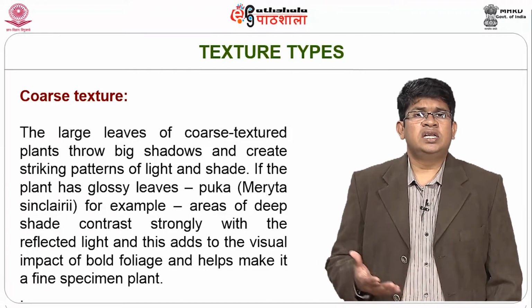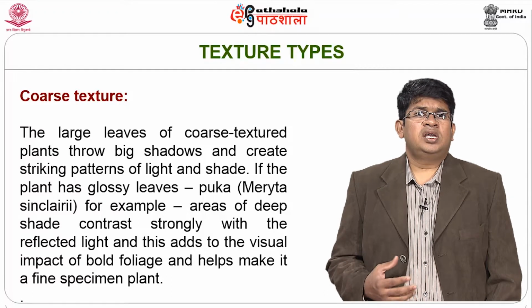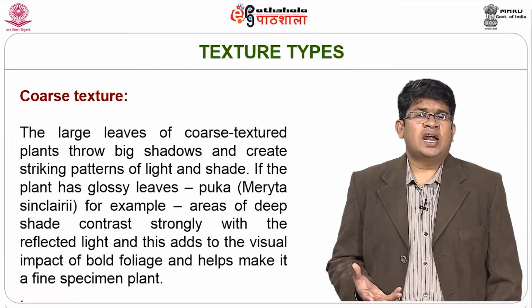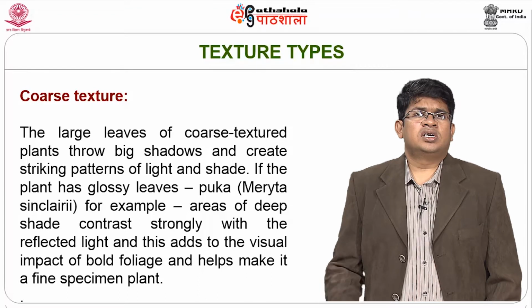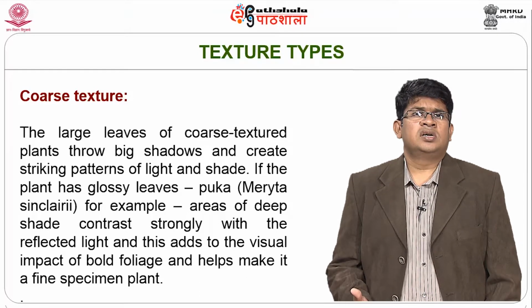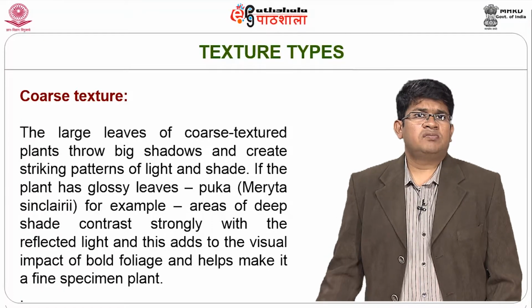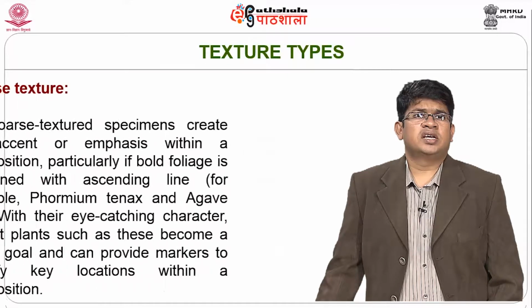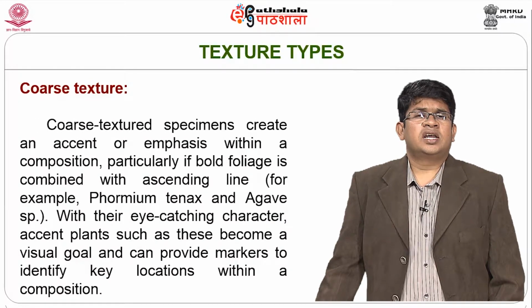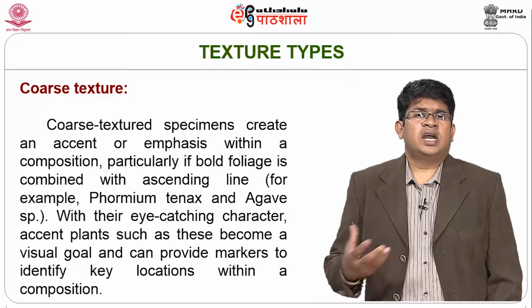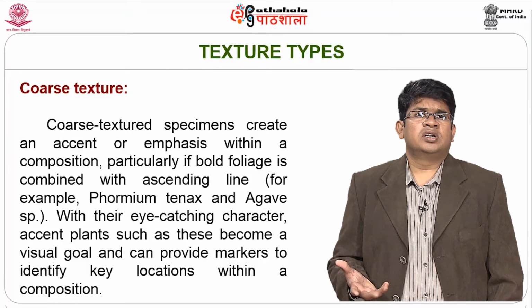So, it is not only the leaf size, but also the quality, whether it is a matte leaf or a glossy leaf, not only creating light and shadow, but also, if it is a glossy plant, creating reflection and making it more striking as such. And it can create emphasis, an axis, and also emphasis within a composition because of its boldness.